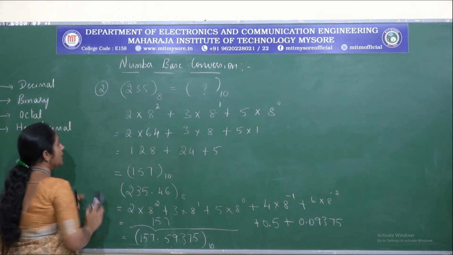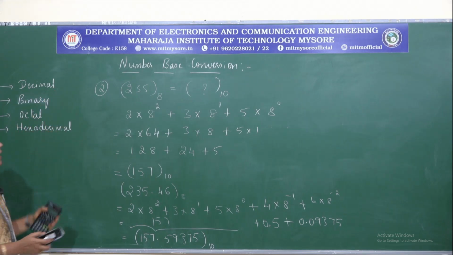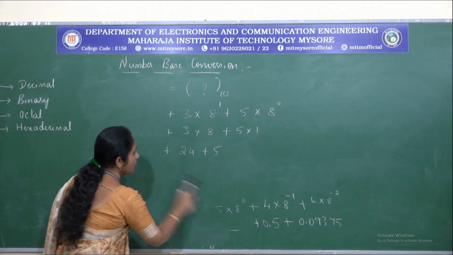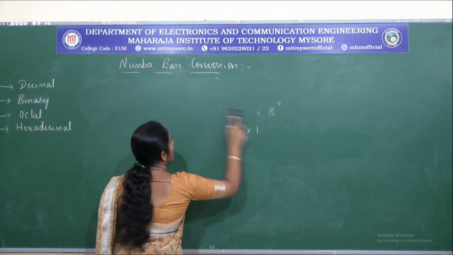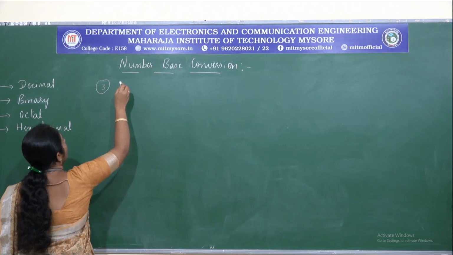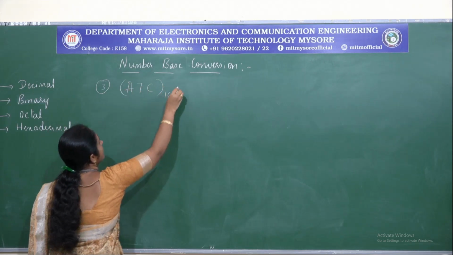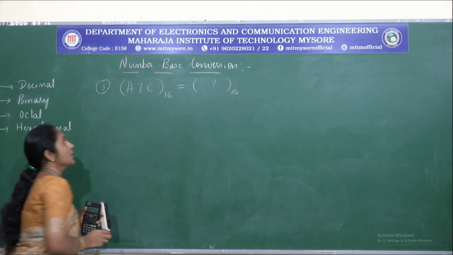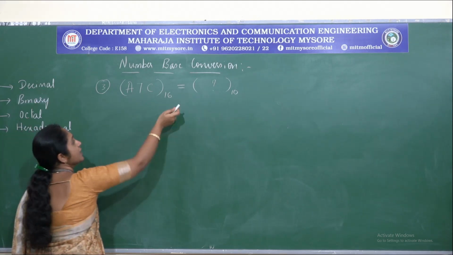Now let us see the next conversion, that is hexadecimal to decimal conversion, and for that let me consider one more example and let me explain the conversion procedure. I have taken A7C in hexadecimal, and let me find out what is its decimal equivalent.